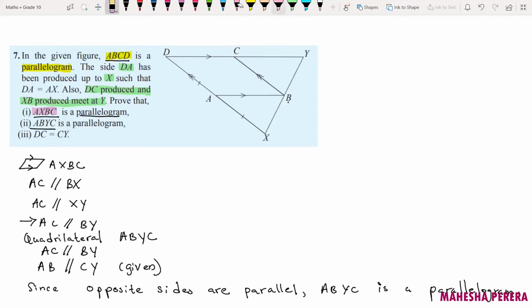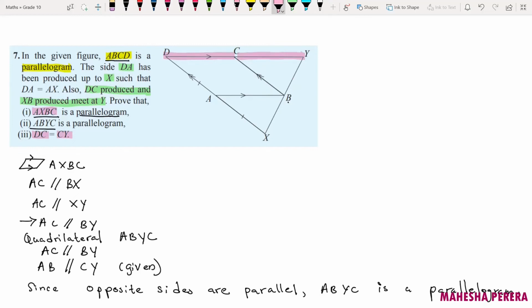Okay, next question. We need to prove that DC equals CY. DC is here, CY is here. Right, now how can we prove this?